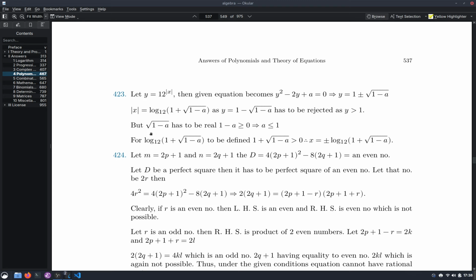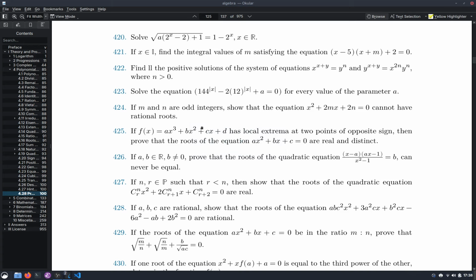But also, the square root of 1 minus a has to be real. That means a is less than or equal to 1. And for the log to be defined, this 1 plus square root of 1 minus a should be greater than 0. So based on these conditions, we have x is equal to plus minus log of 1 plus square root of 1 minus a with base 12.